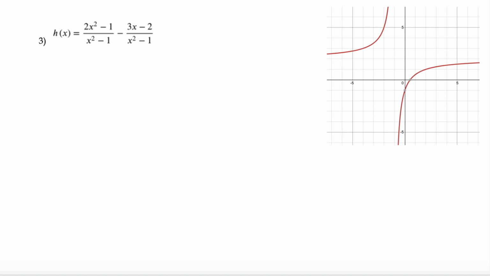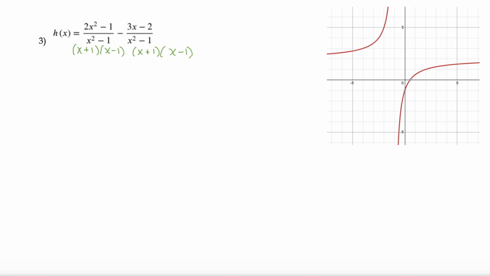But I am able to factor those denominators. We have a difference of perfect squares. So its factored form will be x plus 1 and x minus 1 for both the left side and the right side, since they are the exact same denominator. So again, it was a difference of perfect squares to factor them.